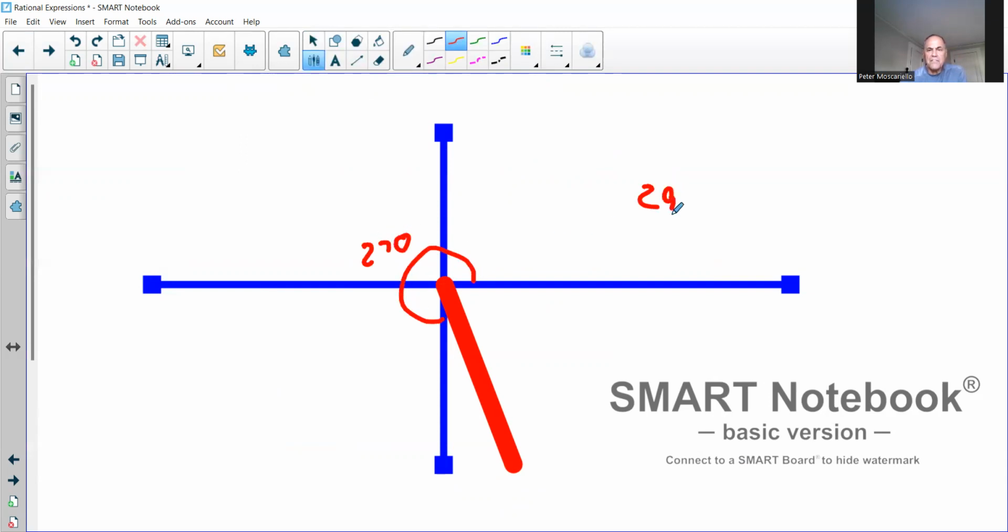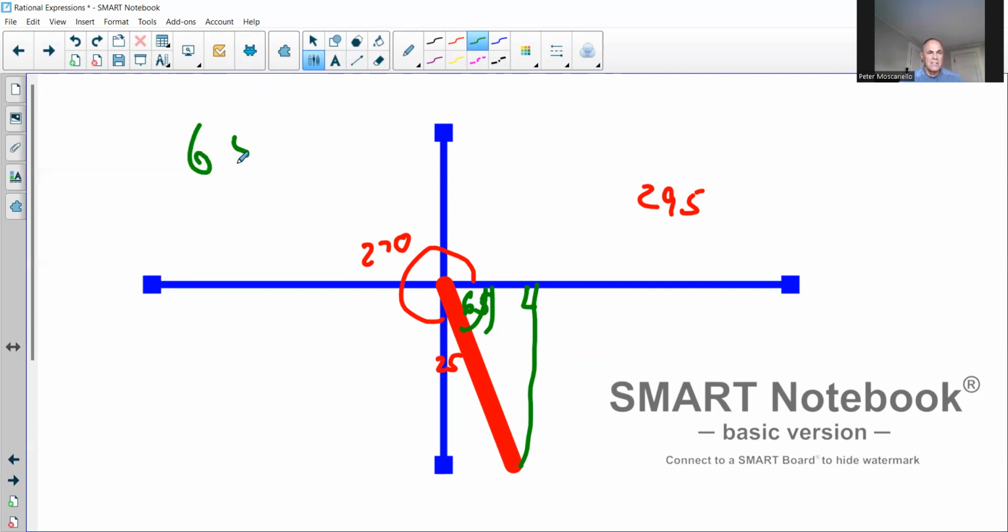And to get to 285, we went 15 more. So that's 15. But the reference angle we talked about is this one, right? It's always made with the horizontal there. So how much is that? Well, if this is 25, this is 65 to add up to 90.